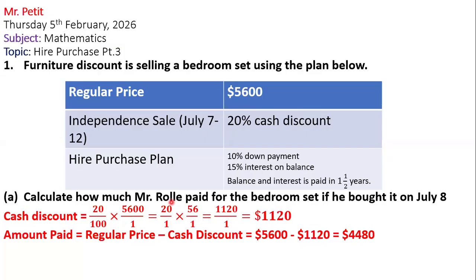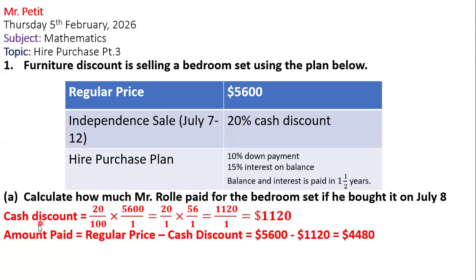Then we multiplied it by 20, since that's the discount, which gave us 1,120 over 1. Anything over 1 is a whole number, so we turned that into a whole number, which gave us 1,120. Very good. So that is the discount.